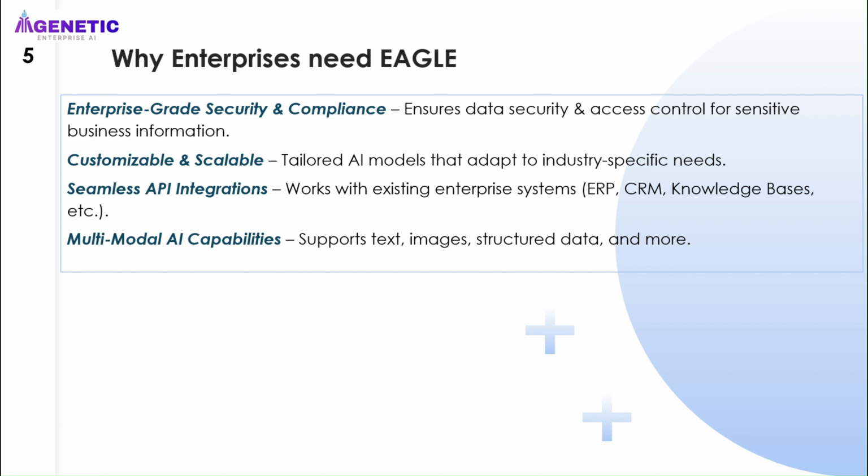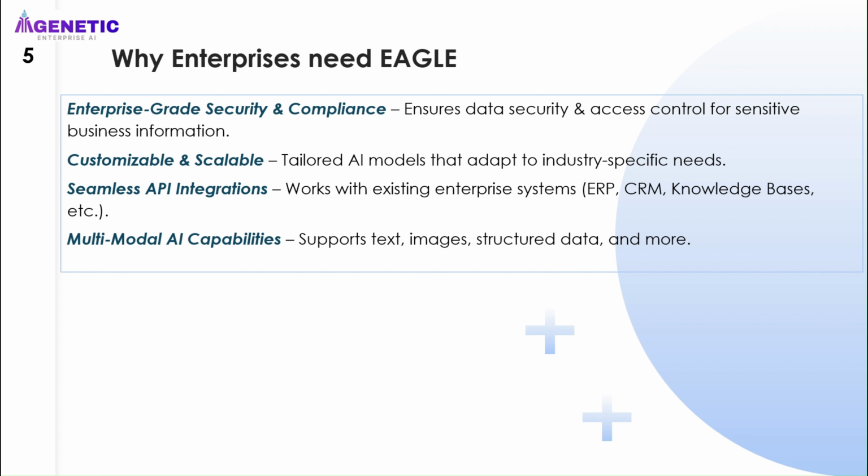I think the first two can be done now. A custom LLM for each and every enterprise is something which is going to come in probably immediate to medium term timelines. Then, seamless API integration.